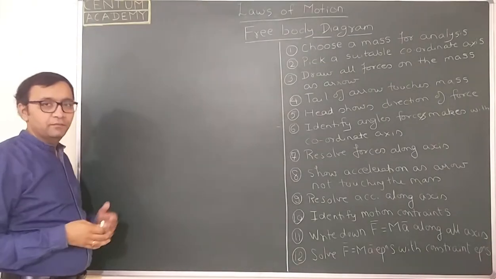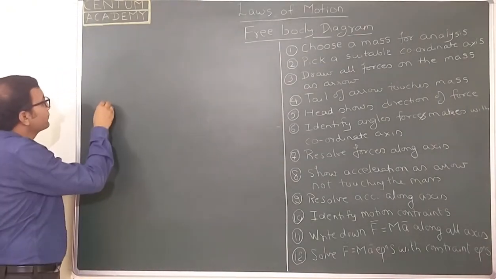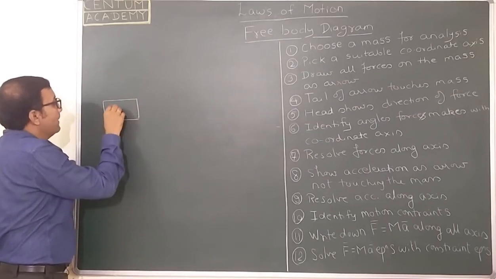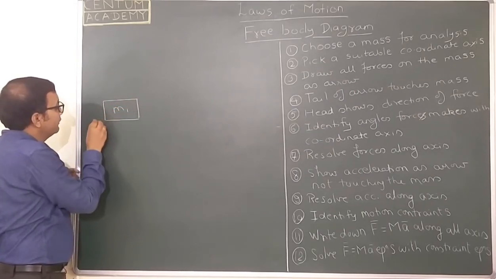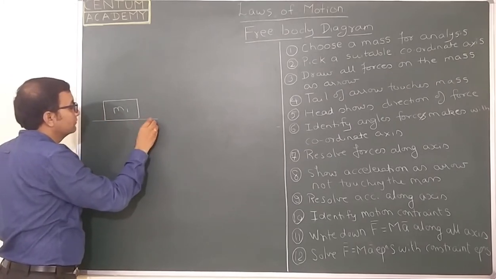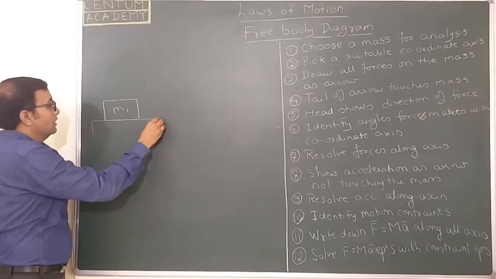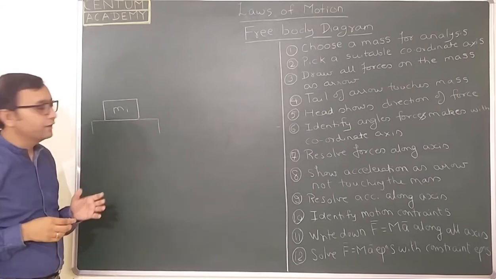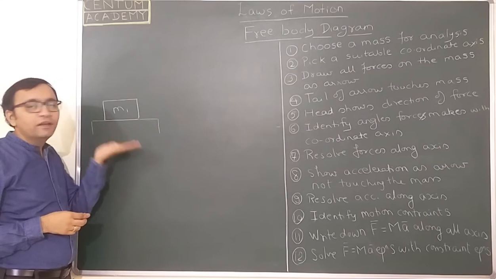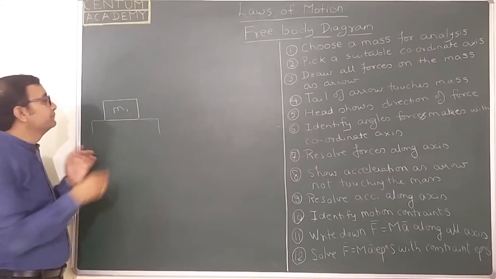Fine. Let us take up another type of question. Suppose you have mass m1 which is kept on a smooth surface, and this surface is not very rigid. Okay, it is flexible.